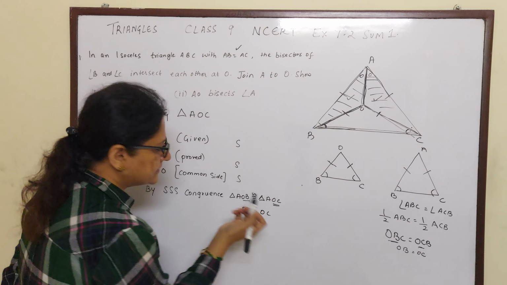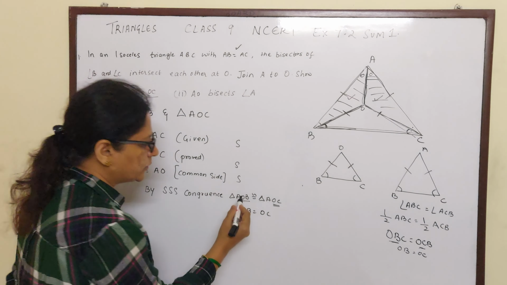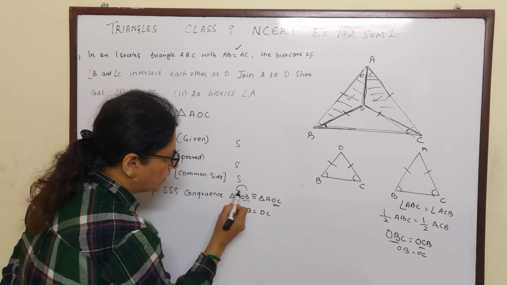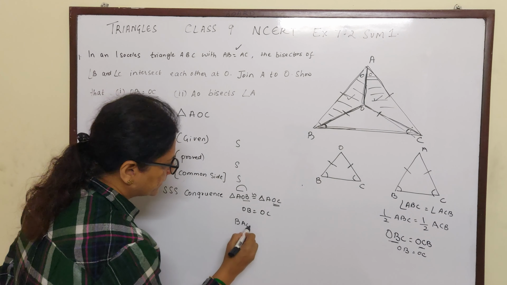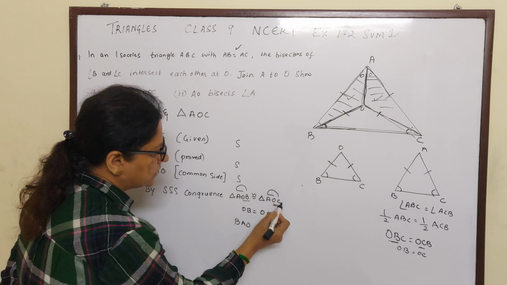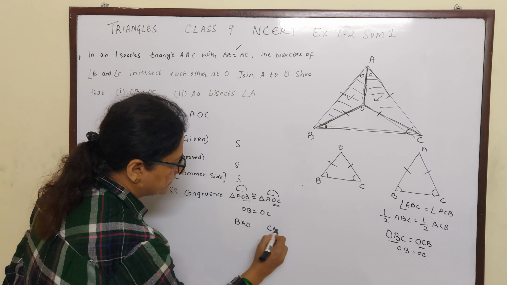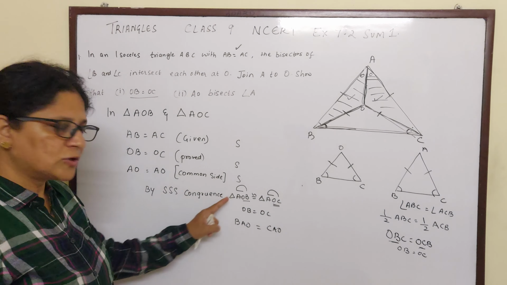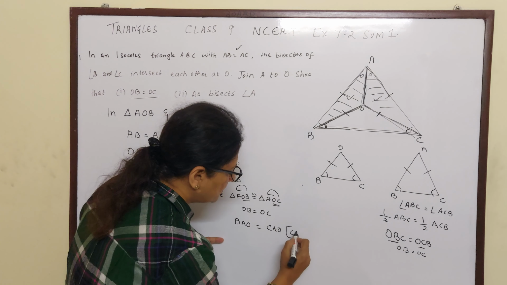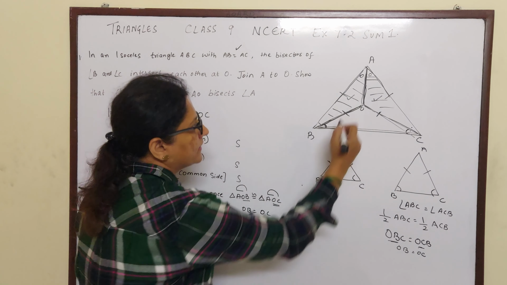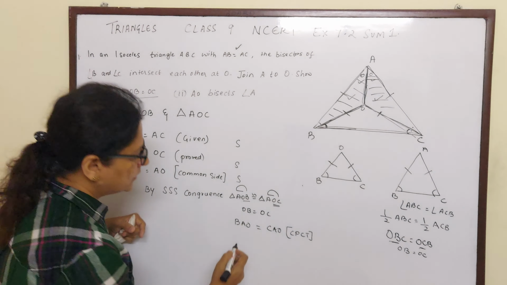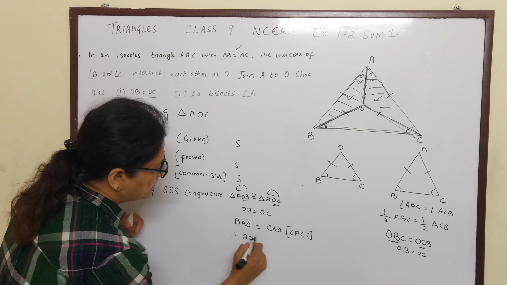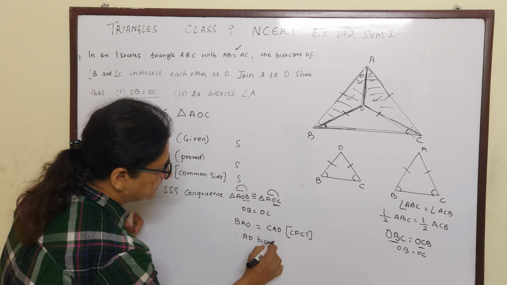So let me see whether that pattern is forming in this congruence. BAO, third, second, first. CAO, third, second, first. Yes, they are corresponding parts of congruent triangles. So if corresponding parts of congruent triangles are equal, that means angle A is being bisected, we have proved. So therefore AO bisects angle A.